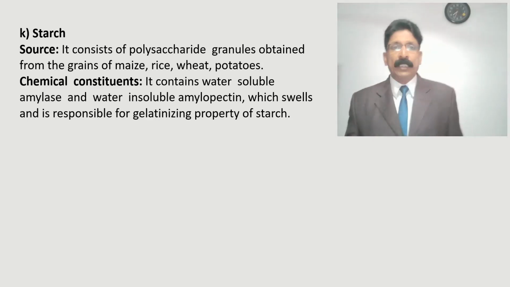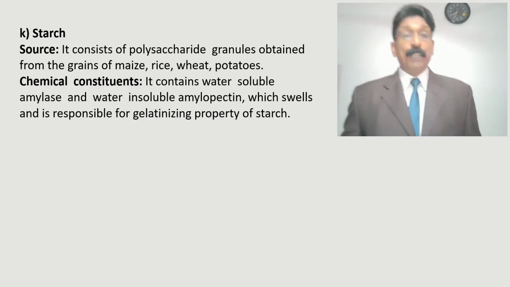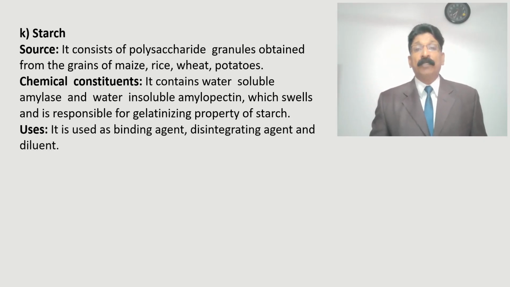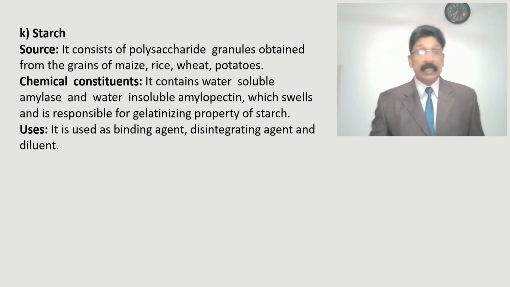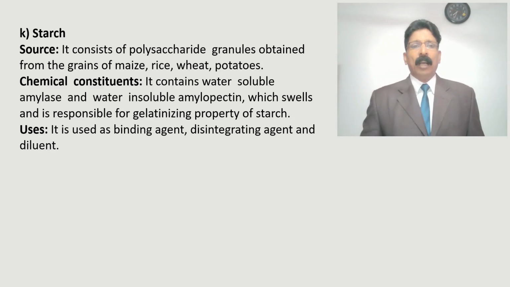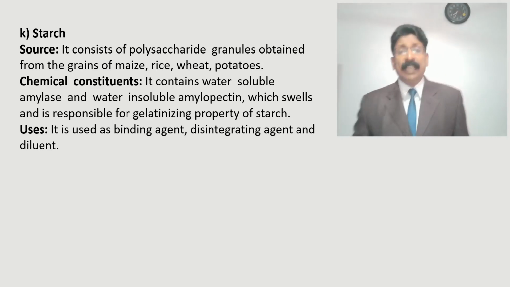We have studied the structure of this polysaccharide in detail, which swells and is responsible for the gelatinizing property of starch, that is, the insoluble amylopectin part. It is used as a binding agent as well as a disintegrating agent and diluent.